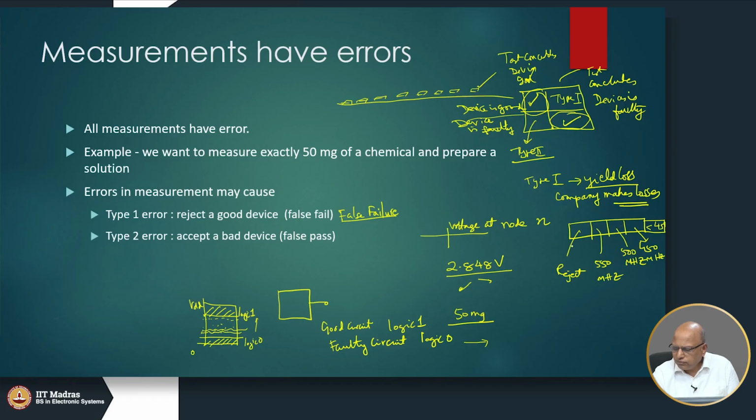So, if I have categorized them like this, yield loss can also occur because you wrongly put a chip which would have worked at 550 into this bin. It actually can get you a higher price, but because the test made an error, you categorized it in the wrong bin. Similarly, if it could work at 500, but you categorized it as a lower bin.